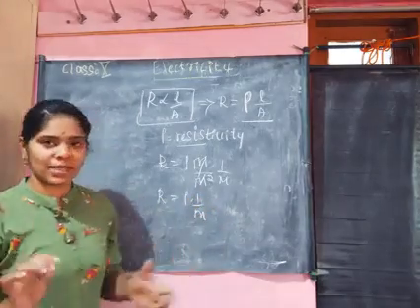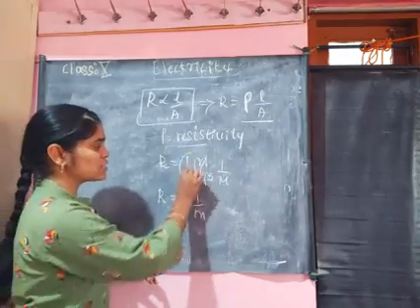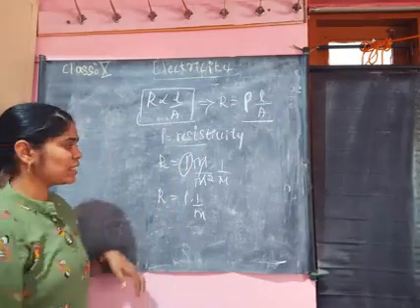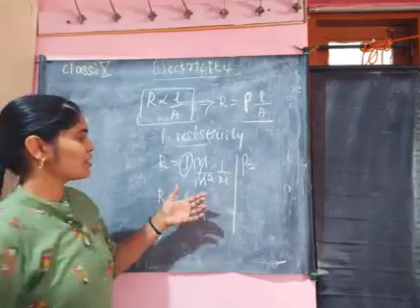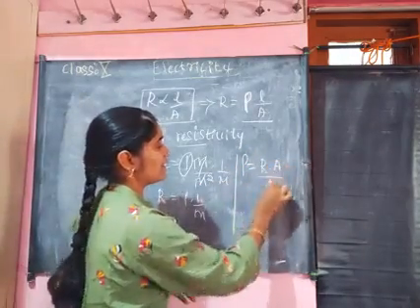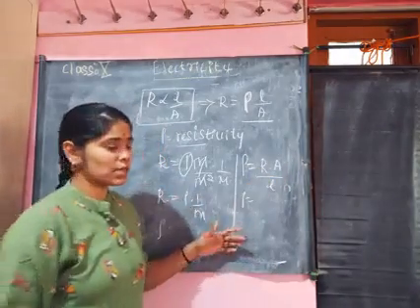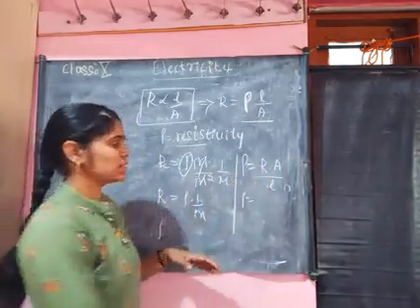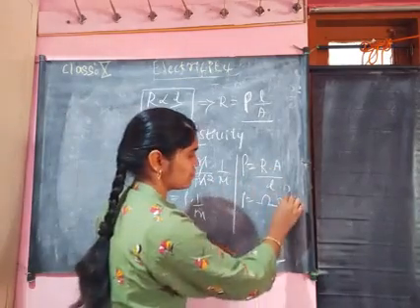Why have I taken this? We have to calculate the SI unit of rho. For that, we write rho equals R into area divided by L. R is measured in ohms, area in meter squared, and length in meters.